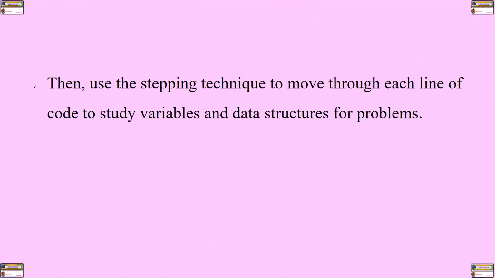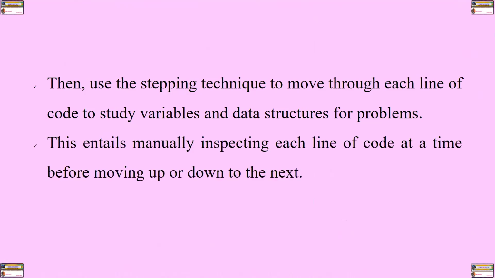Use the stepping techniques to move through each line of code to study variables and data structures for the problems. This entails manually inspecting each line of code at a time before moving up or down to the next.